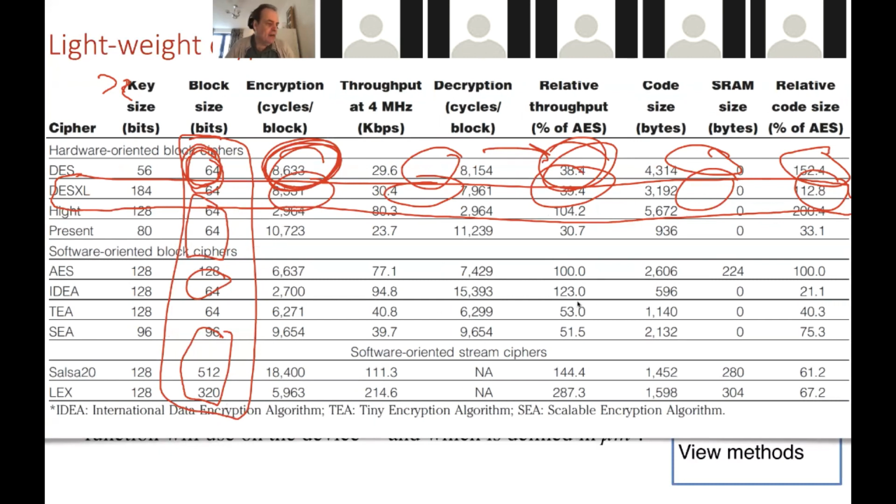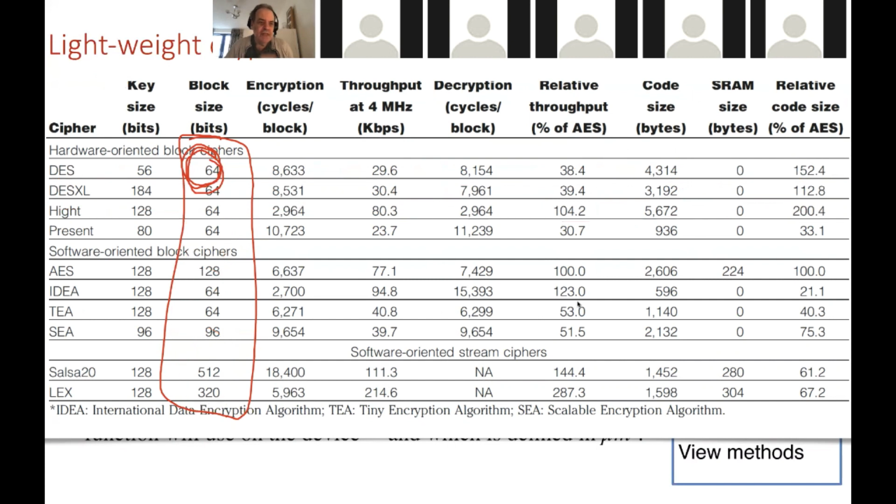Some methods are optimized for hardware. So they're designed exactly so that we can fit it into a small area, and some are more designed for software in there. So we can see the hardware focused ones and then the software ones. And again, they have basic performance tests.